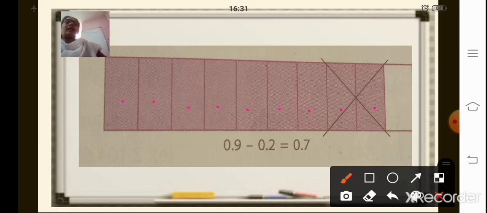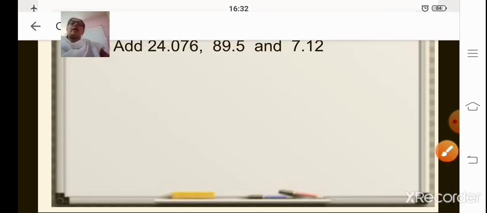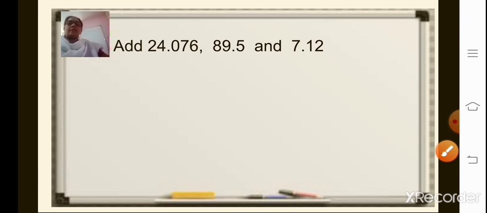So out of those 9 parts, that is 0.9 minus 0.2. So what are the parts remaining now? 1, 2, 3, 4, 5, 6 and 7. That is, 2 parts are taken out, so the total parts remaining is 0.7.